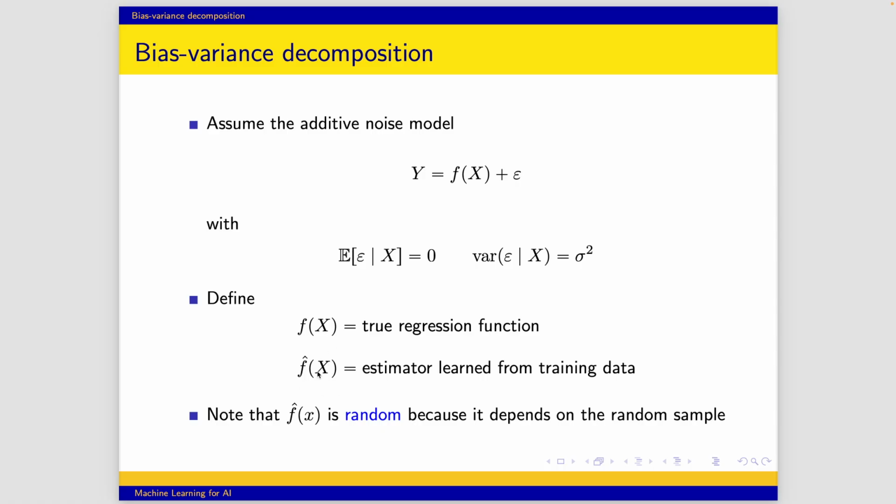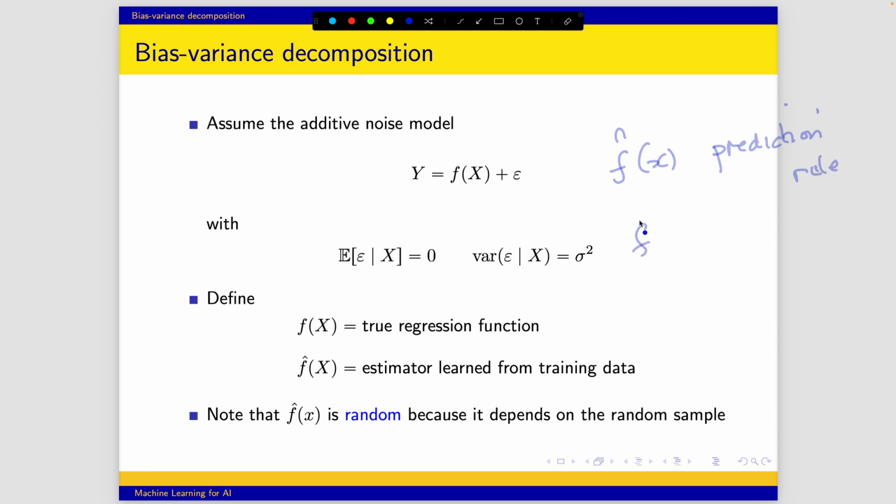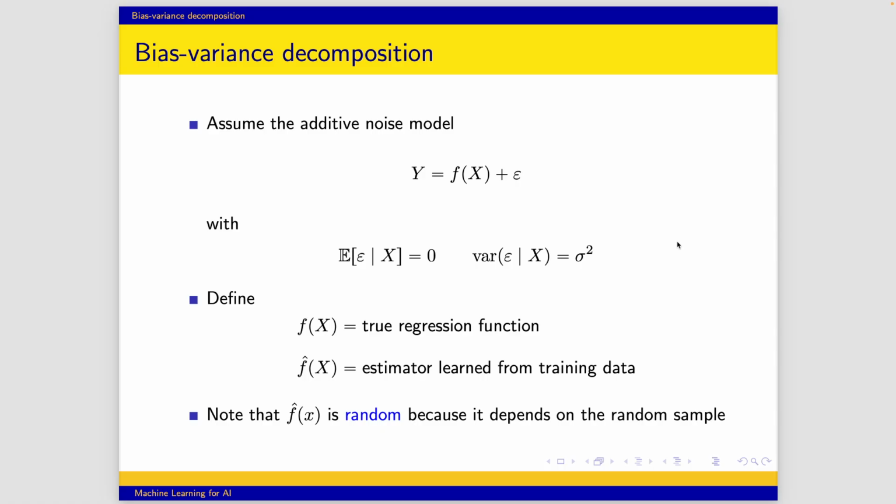Once we've learned it from the training data, we can think of f hat x for a fixed x, so not random, as our prediction rule, and that's a deterministic function. Or we can think of it as a random function of x. So it's a random function, not a random variable, as I said a second ago.